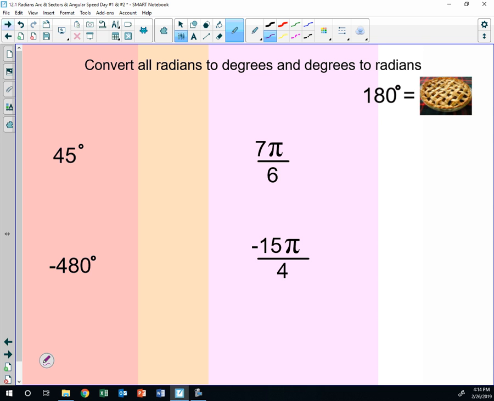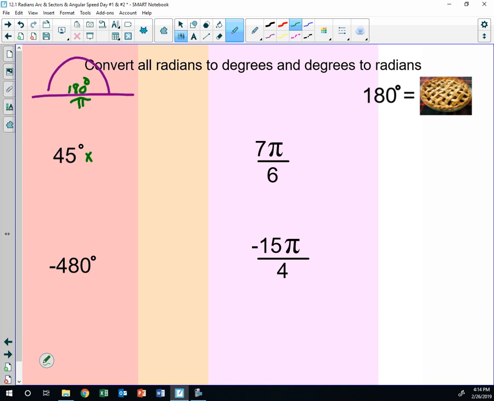45 degrees is going to be a certain amount of radians. And the way we convert it is that we know that there's 180 degrees in a half a circle, and that's the same as pi radians.